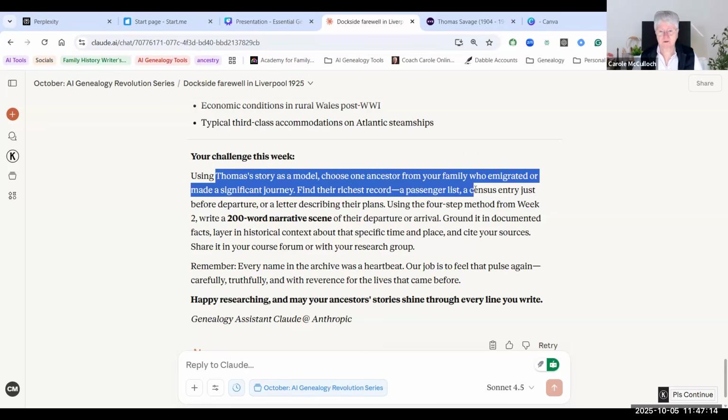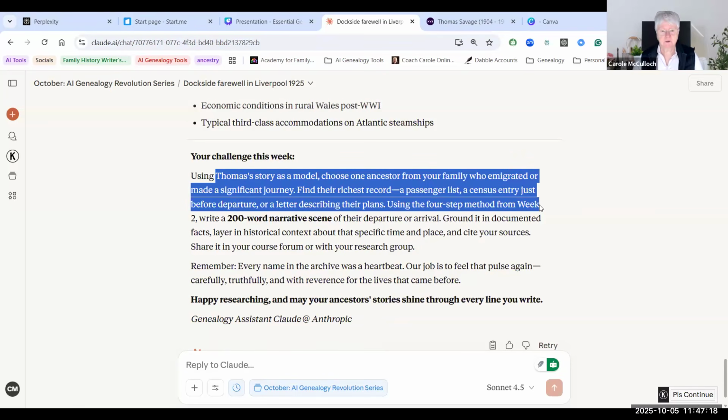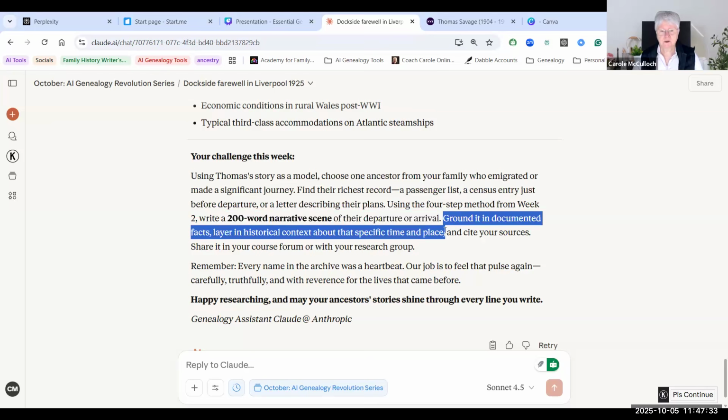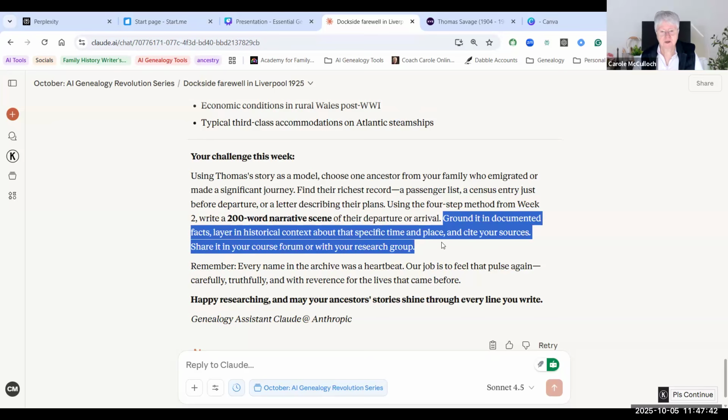Find their richest record, a passenger list, a census entry just before departure, or a letter describing their plans, and then use the 4-step method to write a 200-word narrative scene of their departure or arrival. So we want to ground it in documented facts and layer in historical context about that specific time and place. Cite your sources and share it with others.